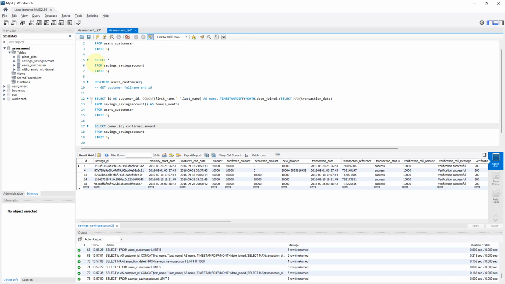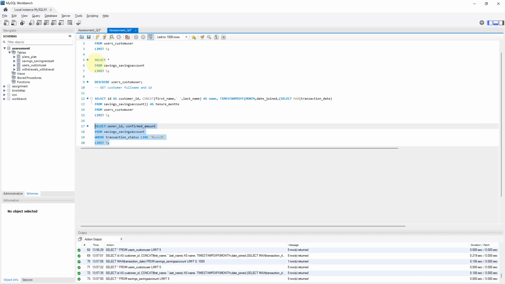We don't need the transaction status, we only need it in the where clause. So we'll say where transaction status is what? We would use a wildcard of success, and yeah, something like this.